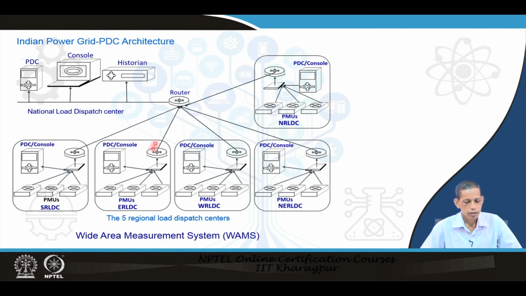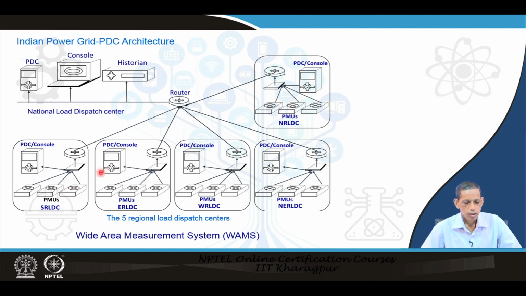In the Indian power grid, we have 5 areas: the southern, eastern, western, northeast and the northern region. These areas have their own phasor data concentrator, PDC.